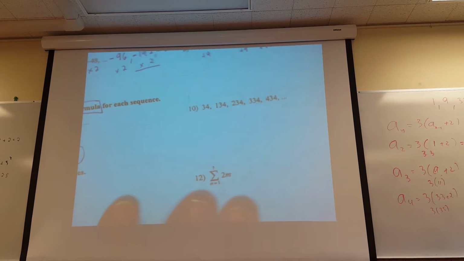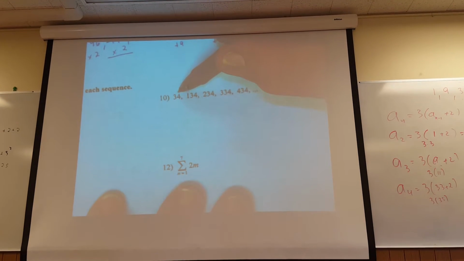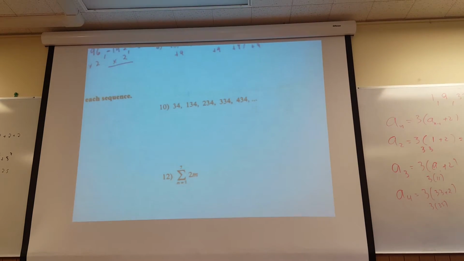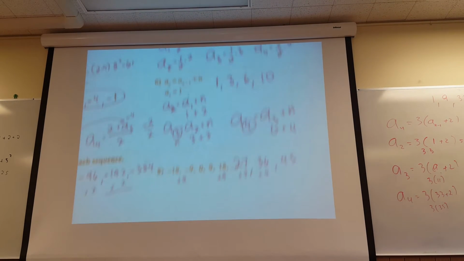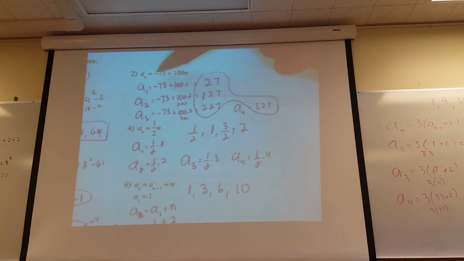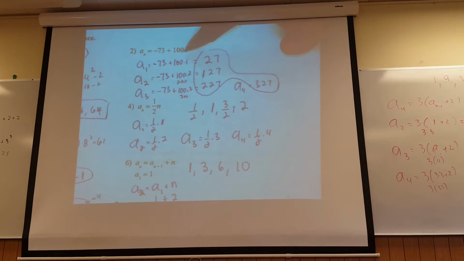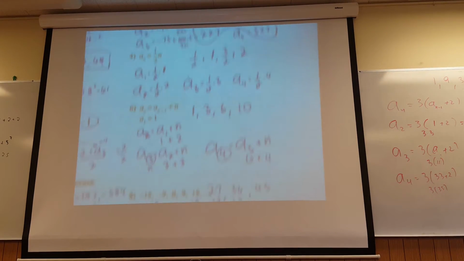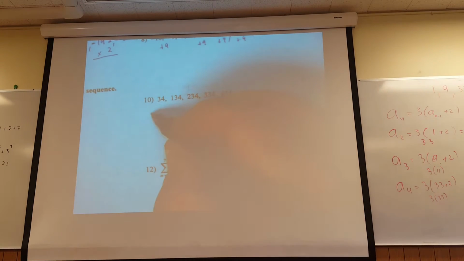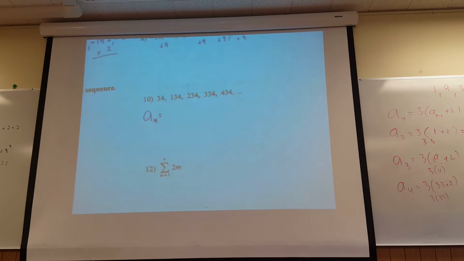All right, now on number 10, notice that each one of these are 100 more. Notice that problem number 2 was very similar to that. Now look at the formula. It's negative 73 plus 100n. Okay? Now this one's going to be very close to the same, but we're not going to minus 73, are we?